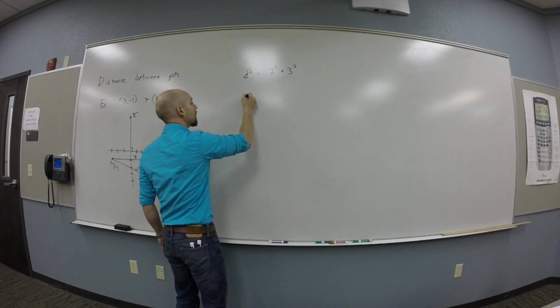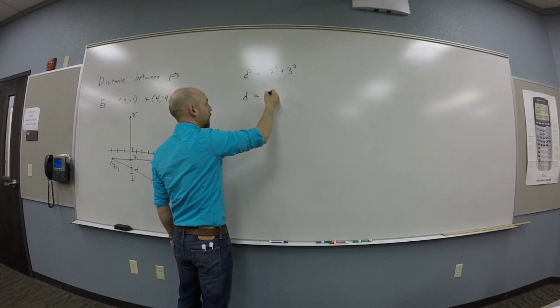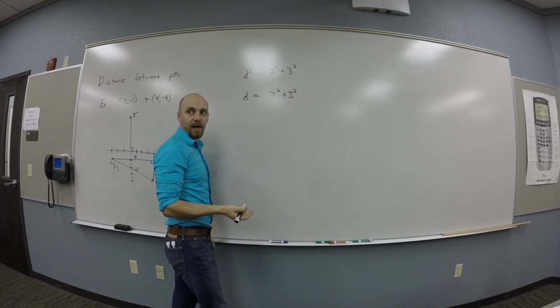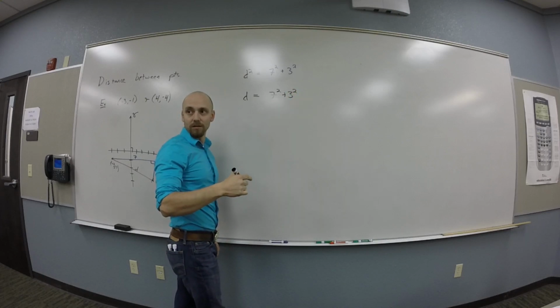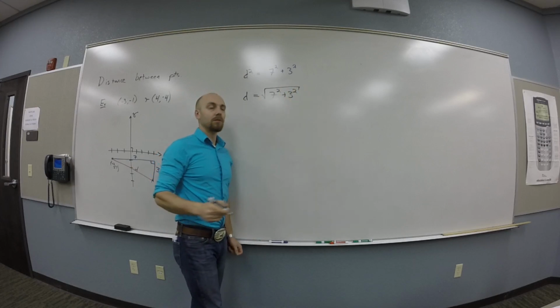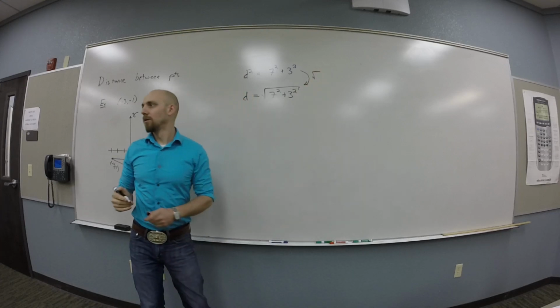Okay, so how do you solve for d here? Square both of them, add them together, and then square root. Okay. Square both of these things, 7 squared and 3 squared. Add them together, and then square root that whole business, right? So the thing I did to get from here to here was square root both sides. Yeah.